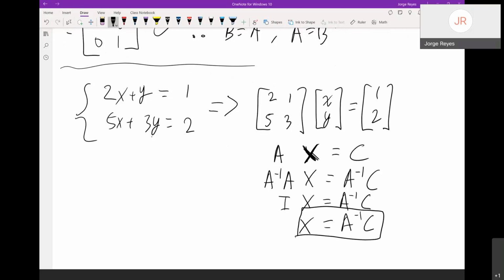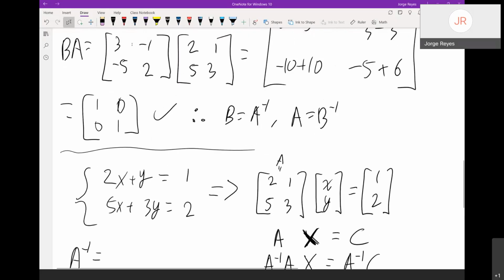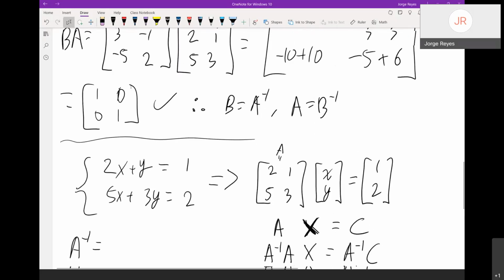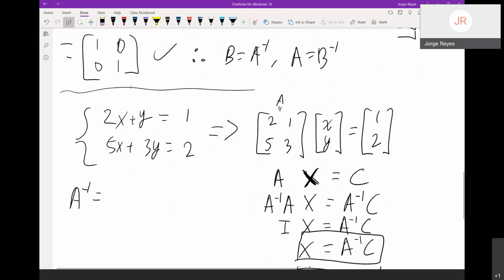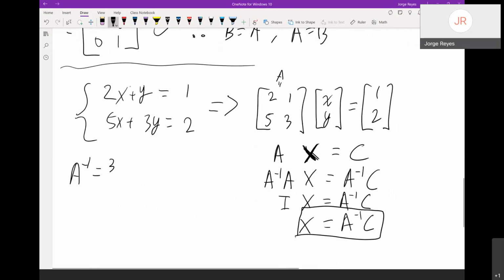Conveniently, we already know A inverse. A inverse is equal to B from the last problem, so it's going to be 3, negative 1, negative 5, 2.